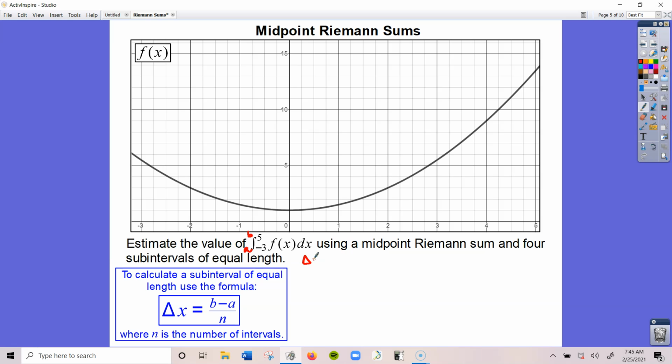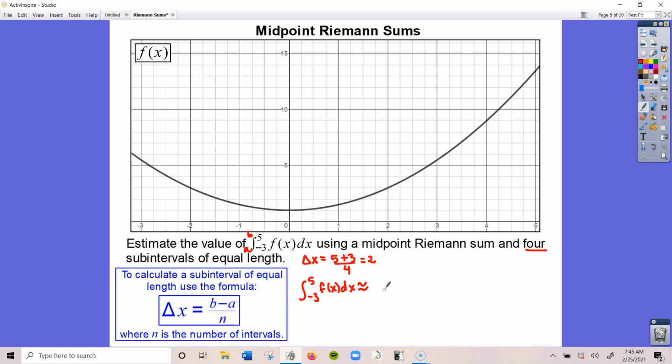So my change in x would be 5 minus -3, so plus 3, divided by the 4 subintervals. So this is 8 divided by 4, so 2. So each rectangle is going to have a width of 2. So here we go, if we want to estimate this integral.